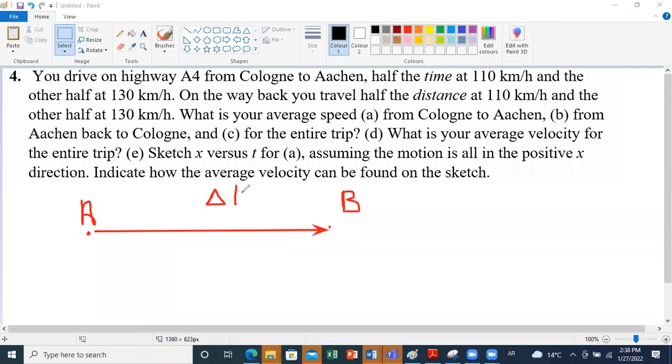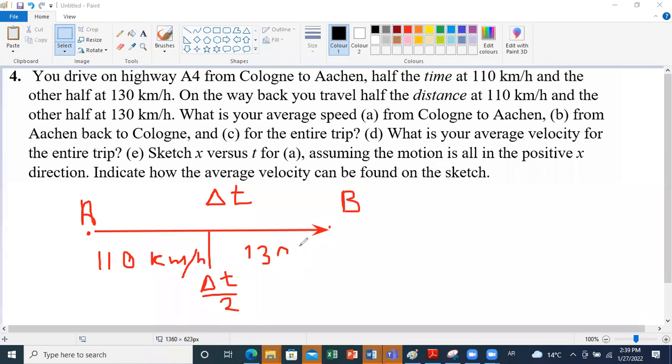Then for half of this time, delta t over 2, I'm driving at 110 kilometers per hour. And for the other half of the time, I'm driving at 130 kilometers per hour.